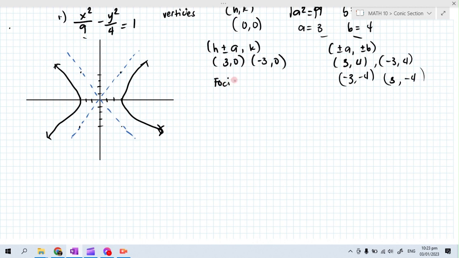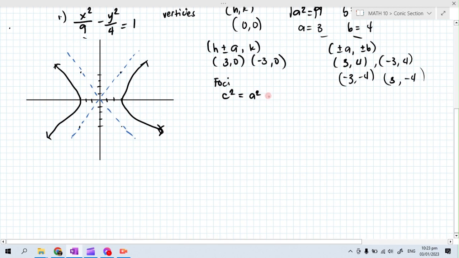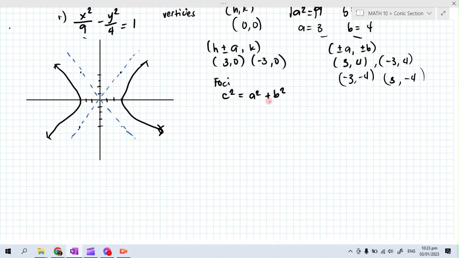Next, we will be finding the foci of the graph. To find the foci, we simply use the formula c squared equals a squared plus b squared. Unlike the ellipse, the operation used in this formula is addition rather than subtraction.